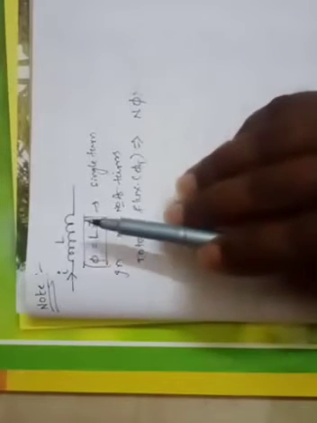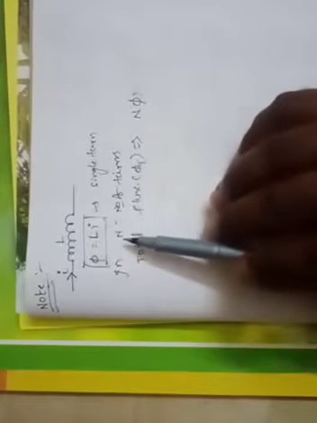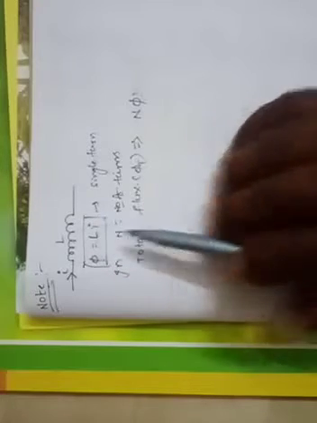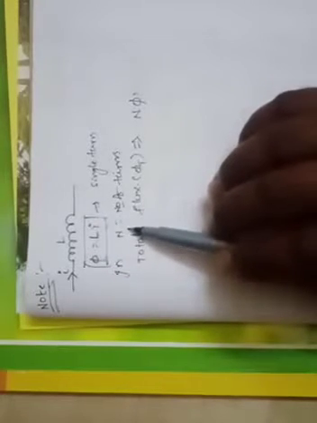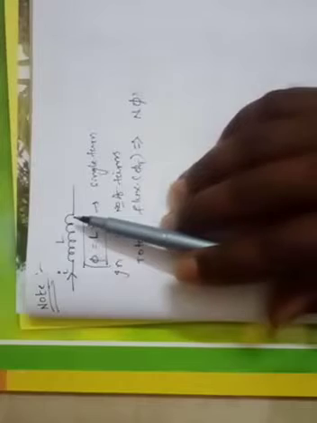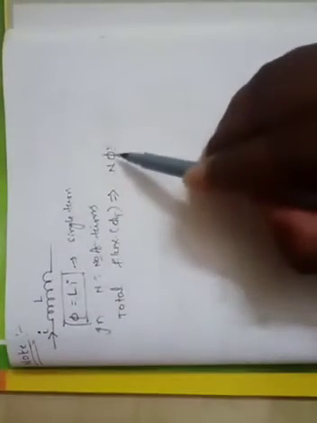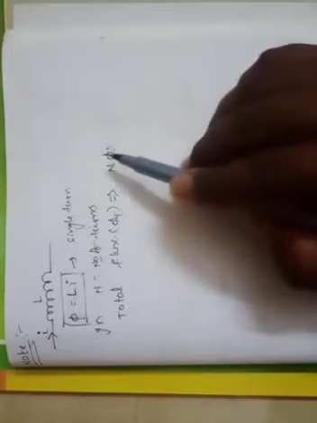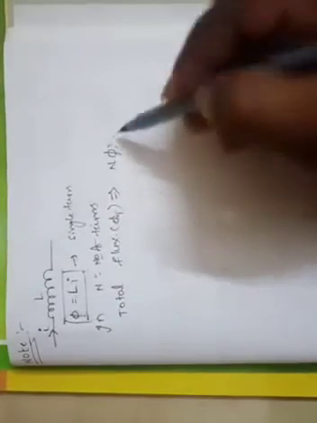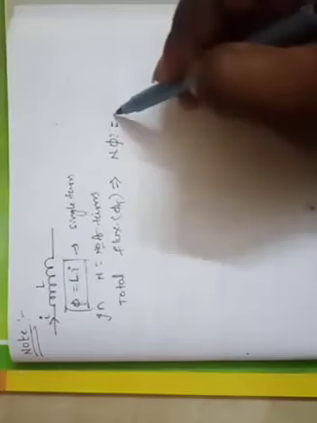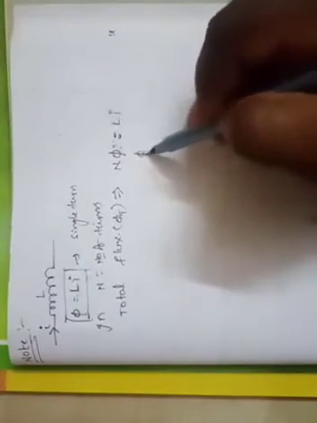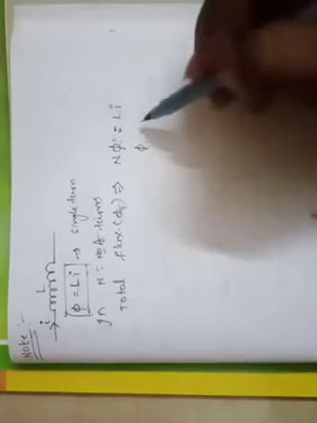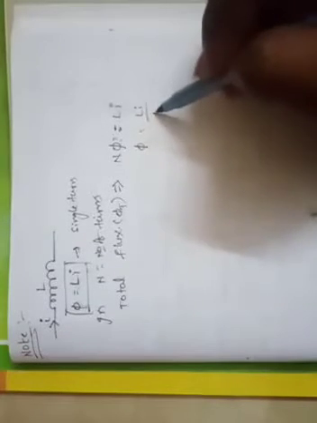If there is more than one turn, let the number of turns in the coil be N, then the total flux linked with the coil is N into phi, where N is the total number of turns and phi is the flux linked with a single turn. So the total flux is L into I, and the flux linked with a single turn is L I by N.